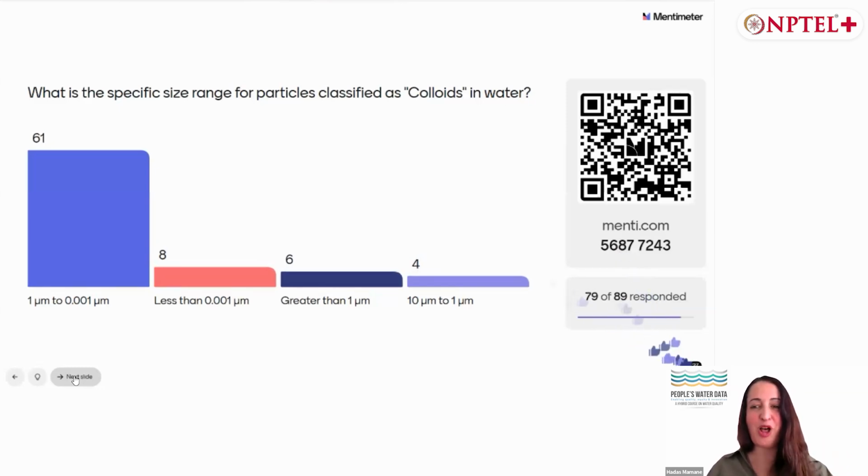Colloids are very small particles in water, and their size is between 1,000th of a micron to 1 micron. Below 1,000th of a micron, we have the dissolved constituents. So good work, and most of you answered correctly. Excellent.